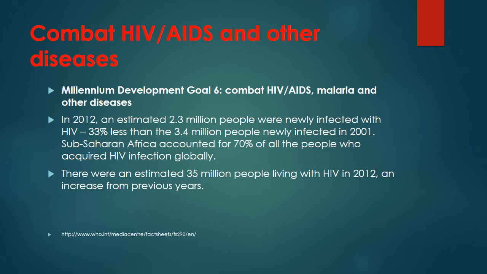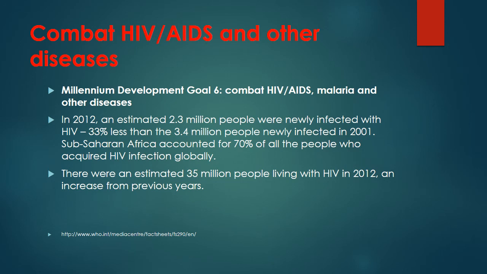And the 6th goal relating to health was a goal to combat HIV and AIDS, malaria and other diseases. In 2012, 2.3 million people were newly infected with HIV, so that's 33% less than, say, 10 years before that. You've still got Africa accounting for 70% of the people who are getting the HIV infection, and there was an estimated 35 million people living with HIV in 2012.